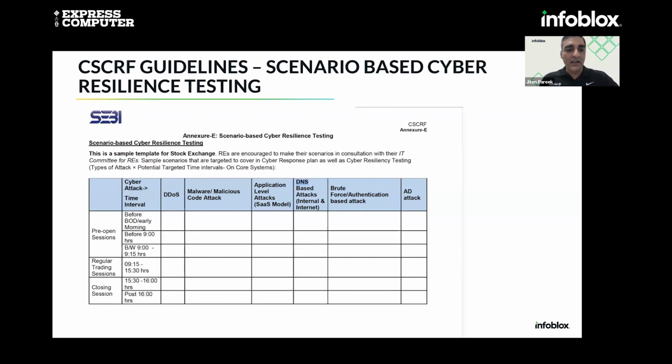Because without DNS, nothing can be accessed, the network can't work, applications can't be accessed, and Active Directory won't work. So DNS, being a foundational platform, is involved, and these guidelines have put a focus on DNS testing for applications as well as DNS traffic assessment.